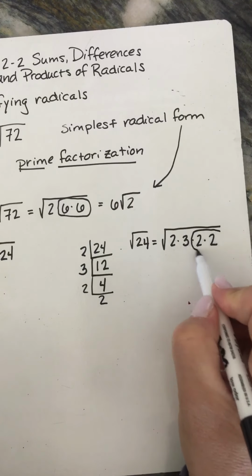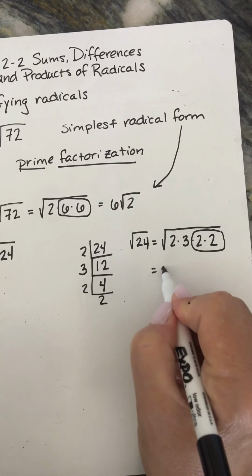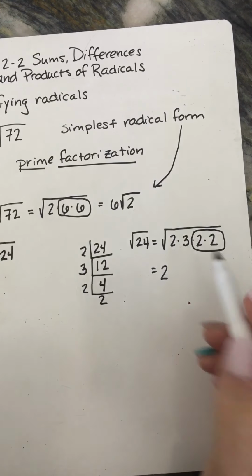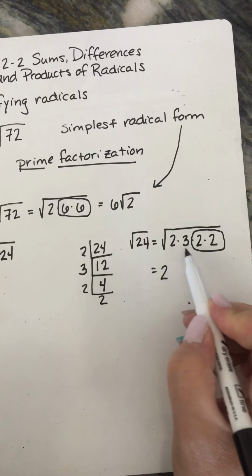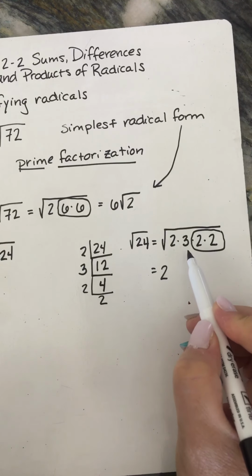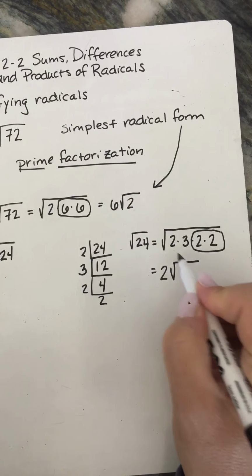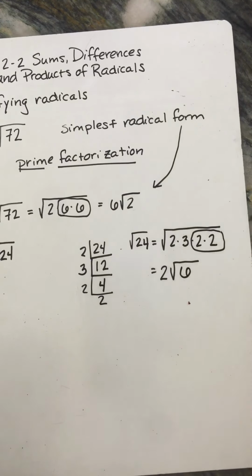Well, we've got 2 2s. So I can purchase the 2 2s for the price of 1 2. Do I have 2 of anything else? Nope, I don't. I have 1 2 and 1 3. So those are going to have to stay. And go ahead and multiply them together. So simplest radical form is 2 square root of 6.